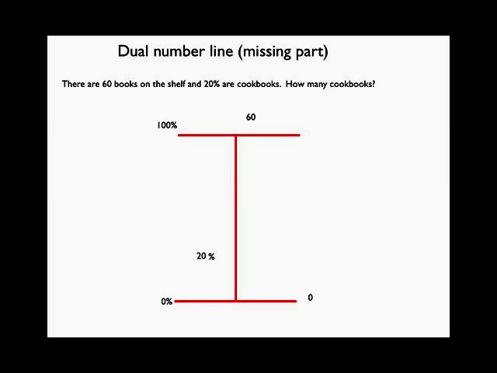We also know that on the top right hand corner we have the total number of books, which is 60. And we have to find what 20% represents.